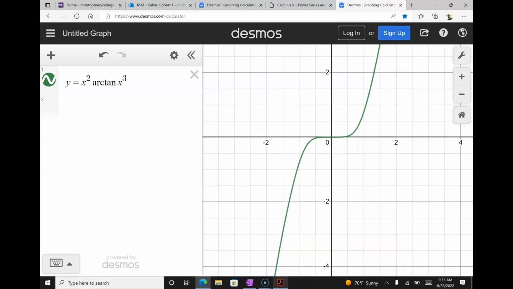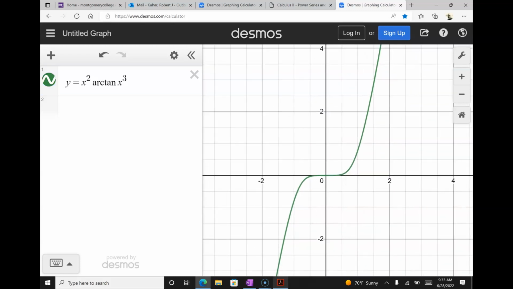Look what it's doing to arctan. Remember arctan was just a nice simple curve, definitely the limit of, as x goes to infinity, goes to pi over 2. And this x squared out front is just crushing it, right? Making it explode.